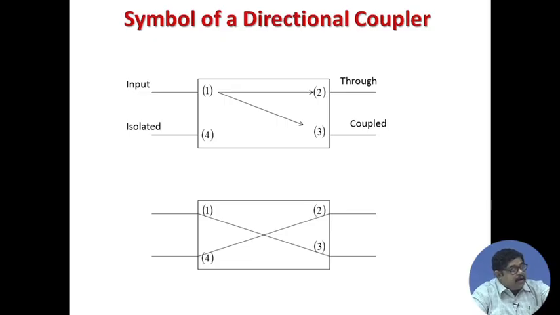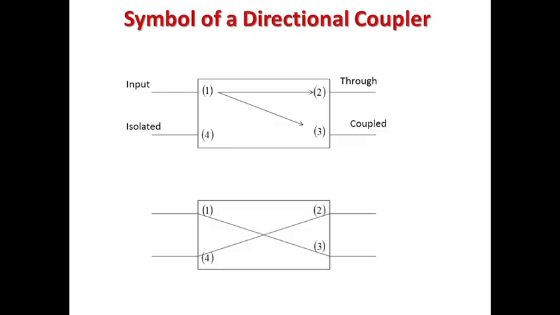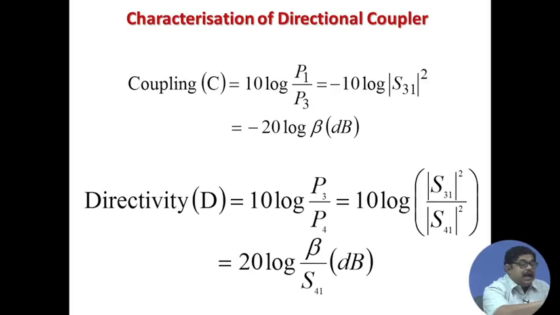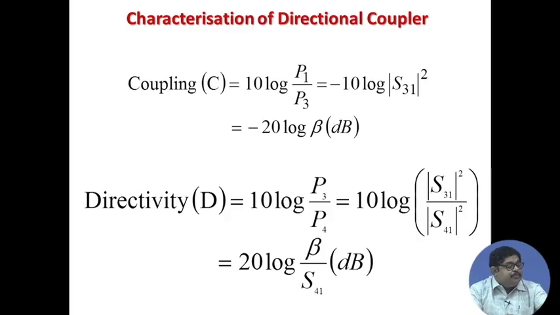Now, I want the coupling I am making here to be high, and this to be low, because even if there is a mismatch, that is not desirable. So, physically directivity is how much power is going to port 3 divided by port 4. Ideally this should be very high. In terms of S parameters, it depends on S31 and S41, and in our chosen ones it is beta etc.